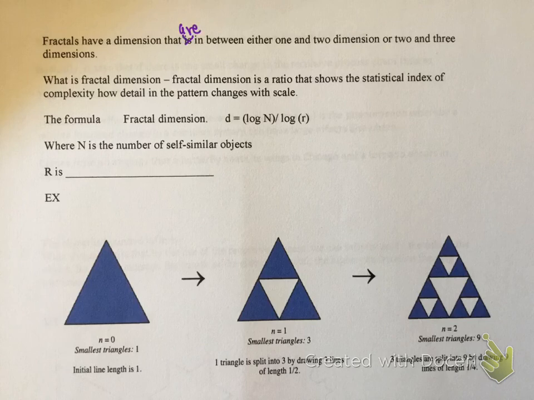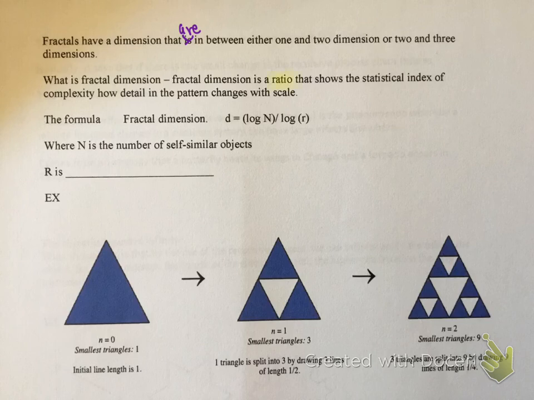All right, what is a fractal dimension? Fractal dimension is a ratio that shows the statistical index of complexity, how detail in the pattern changes with scale. So remember, we always have scale with fractals. So we're looking at how complex this fractal is.